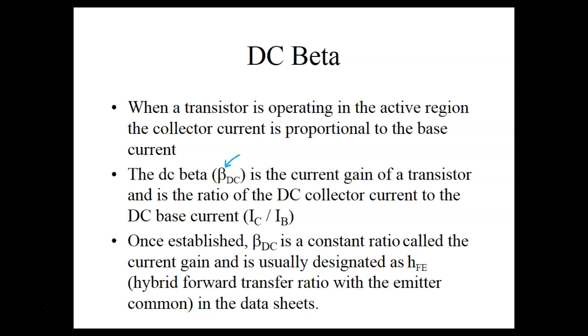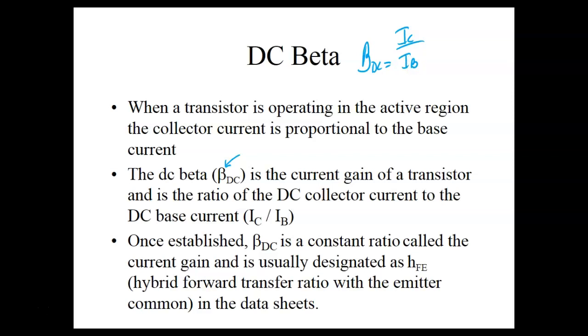So basically beta DC would equal IC divided by IB. And beta has no unit.